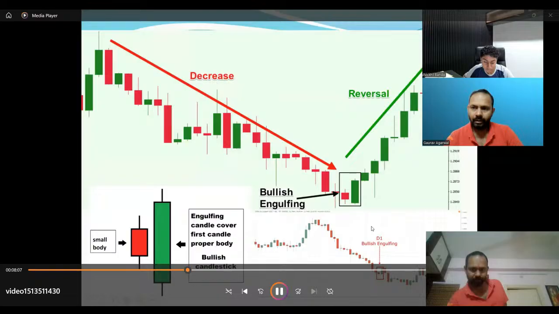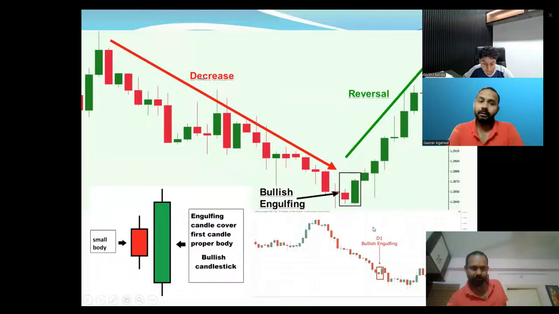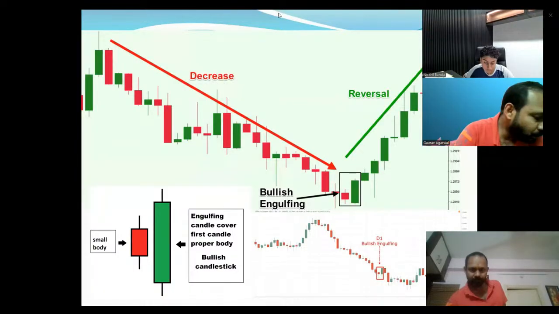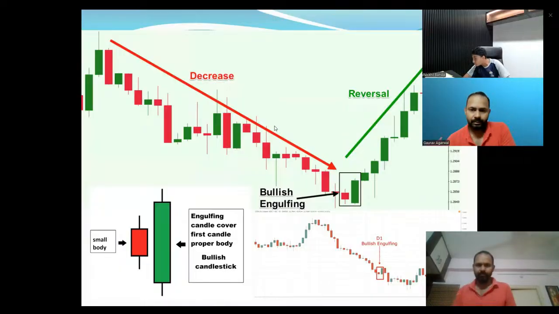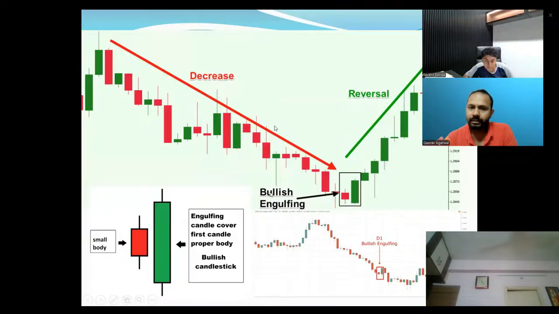So now we will have one more pattern, which is a combination of 2 candles. This is called bullish engulfing. You can see that here we have a combination of 2 candles.